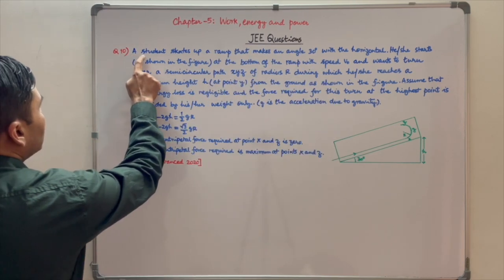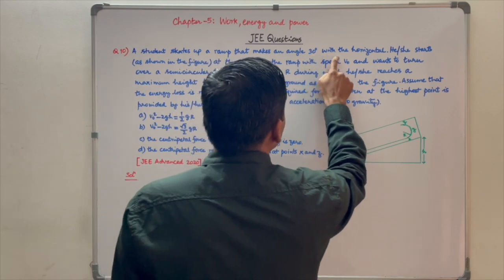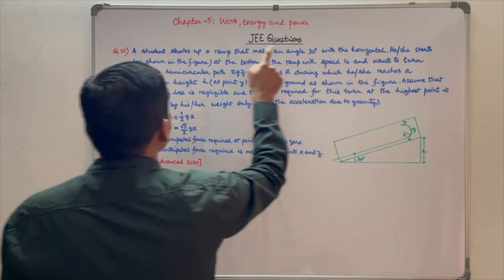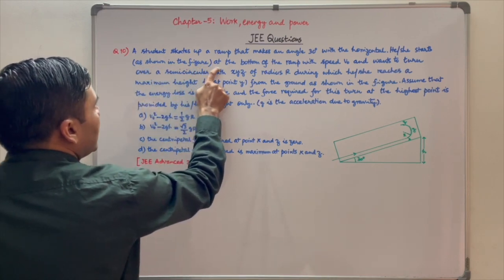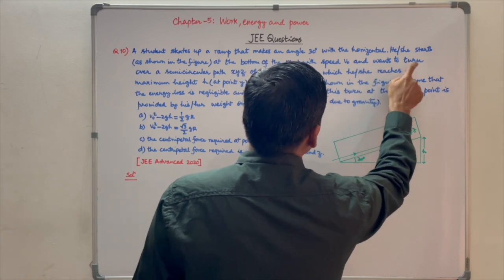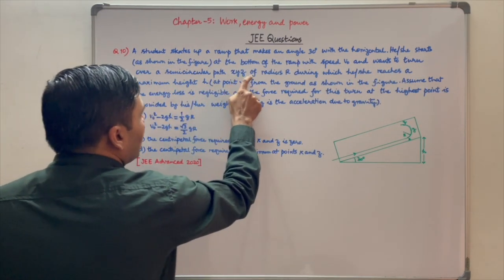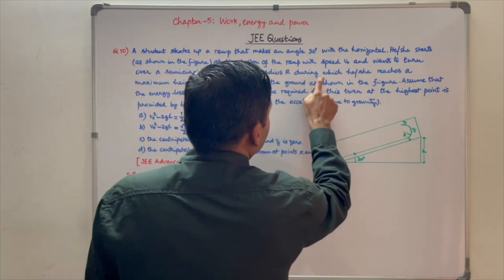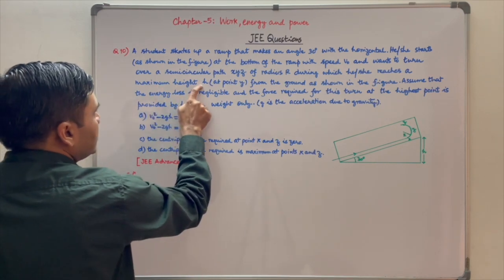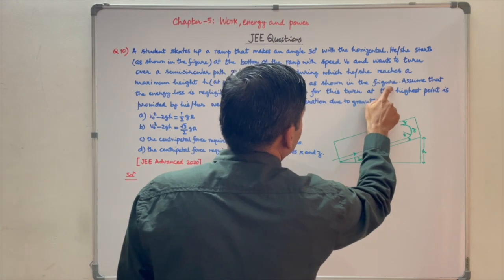Last question. A student skates up a ramp that makes an angle 30 degrees with the horizontal. He or she starts, as shown in the figure, at the bottom of the ramp with speed v0 and wants to turn over a semicircular path xyz of radius r, during which he or she reaches a maximum height h at point y from the ground as shown in the figure.